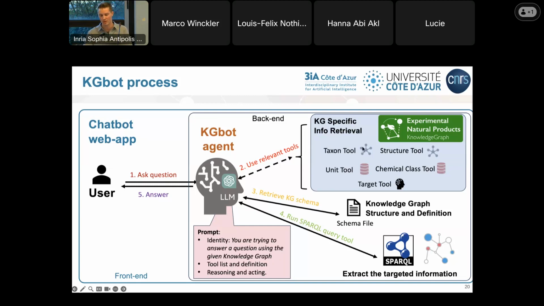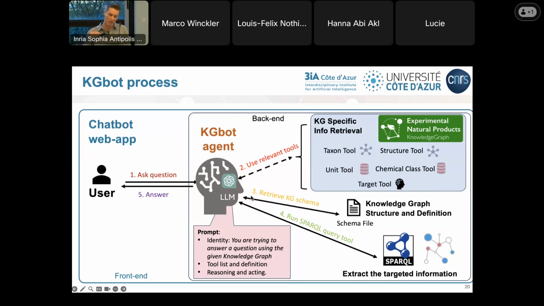The tools are classes that can achieve some tasks. Based on the tool definition, the agent will decide to use some tools to get information on the species, on the chemical structure, and so on. This is really a core component of its behavior.